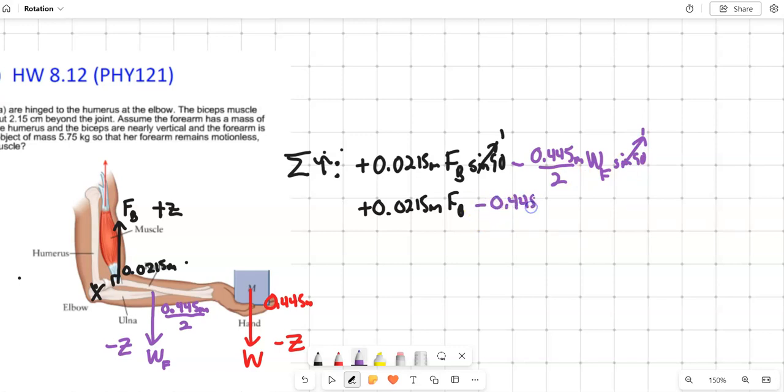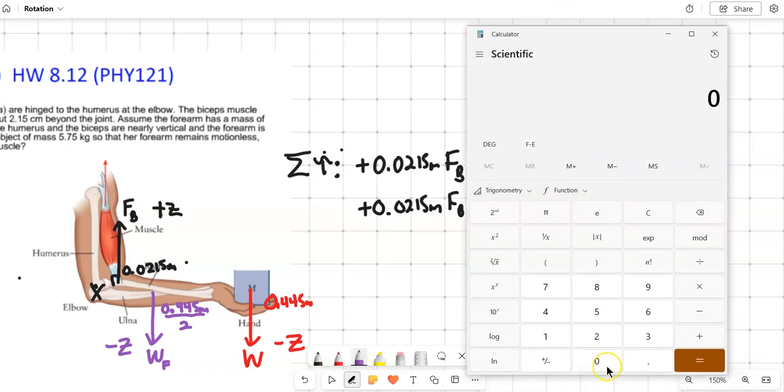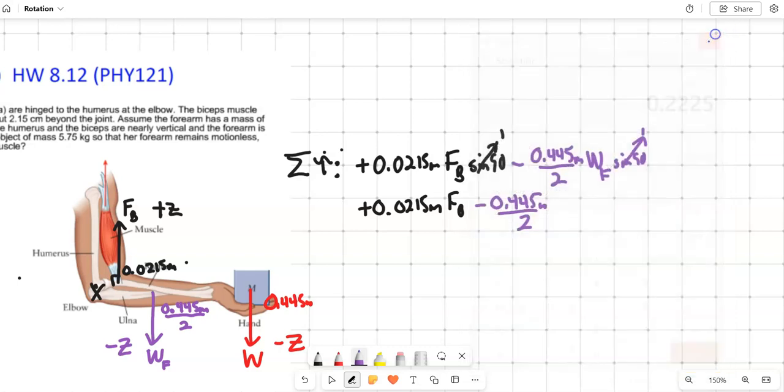You know what? I'm going to take my calculator and figure that out right now. 0.445 divided by 2 equals 0.2225. So I'm actually going to rewrite this to be 0.2225.